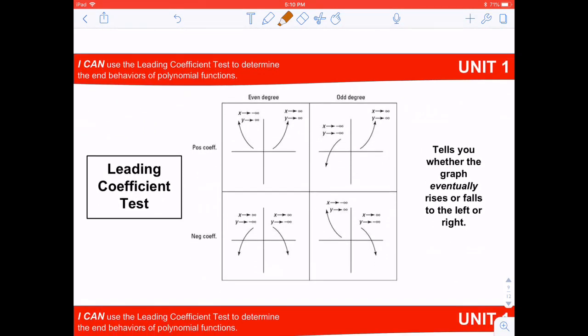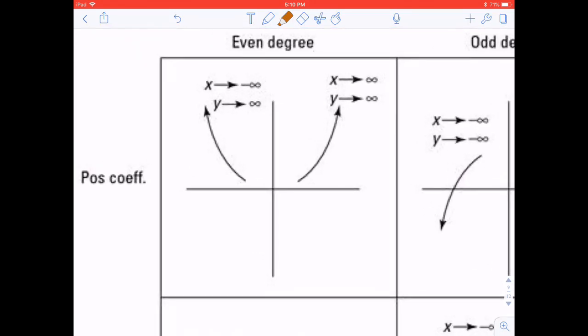Another important test that we want to make sure that we know so that we can take any kind of polynomial and start to analyze it is the leading coefficient test. So the leading coefficient test tells us what is eventually happening to the left or the right of the function. So is it rising up?